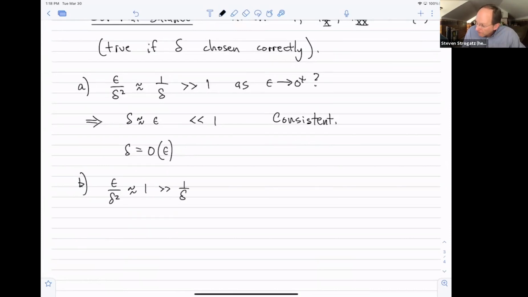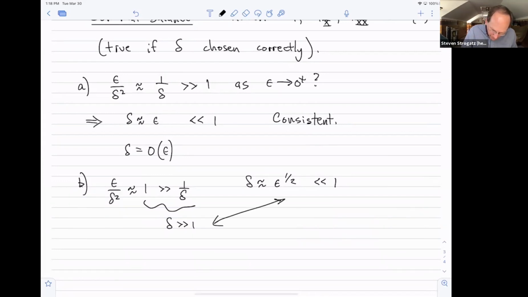If you try that, well, solving the first approximate equality would say that delta is approximately epsilon to the half, but we know epsilon is going to 0, so this is much less than 1, whereas this equation says delta is much greater than 1. So those are inconsistent, right? Those contradict each other. So that's not right.